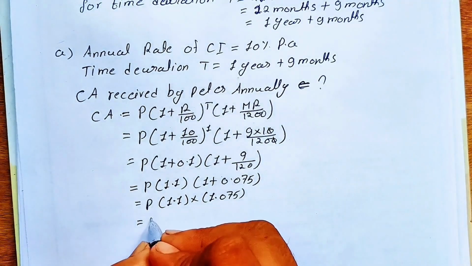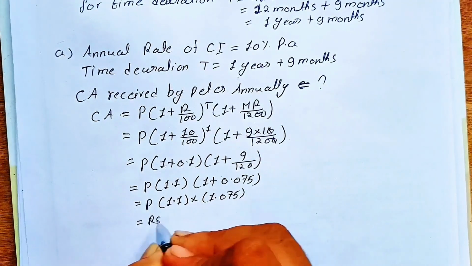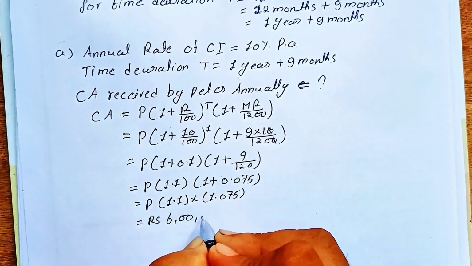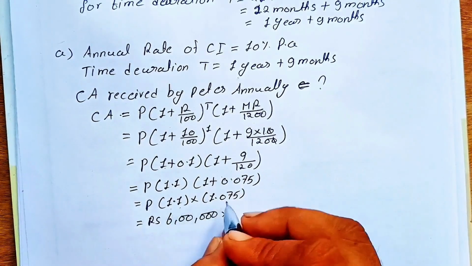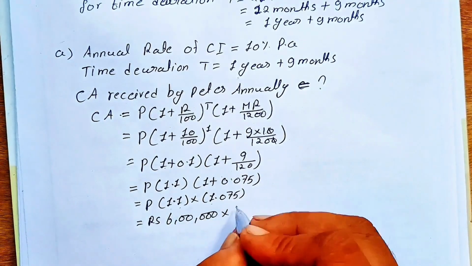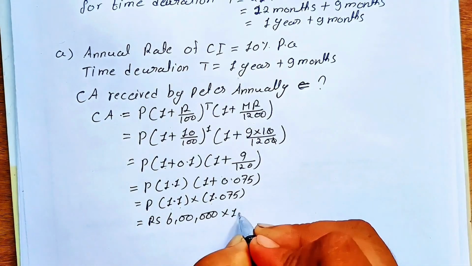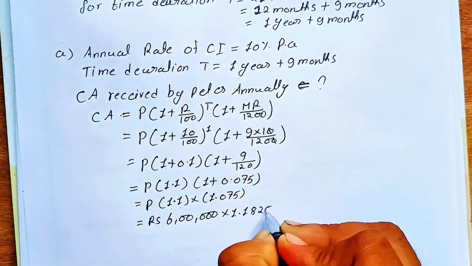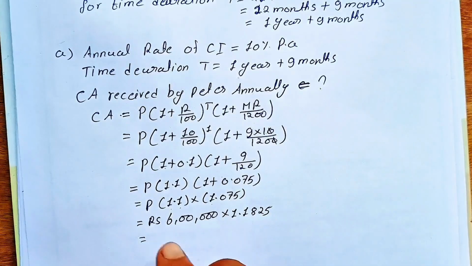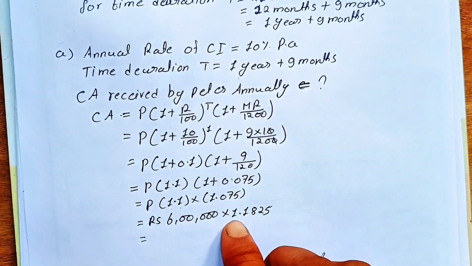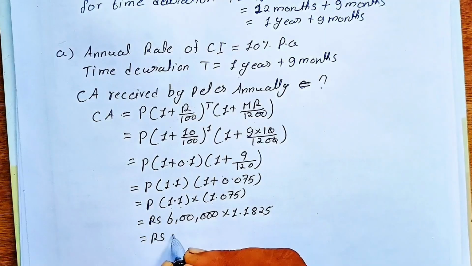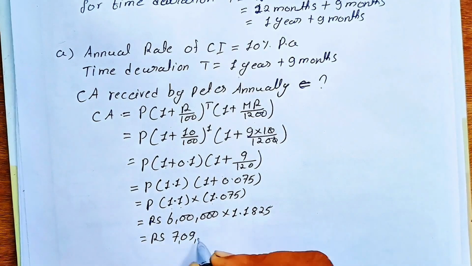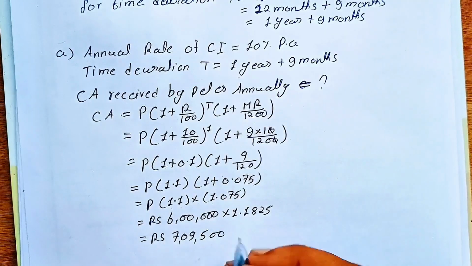The principal sum of money is Rs 6 lakh into the product of 1.1 and 1.075, which becomes 1.1825. And now the product of 6 lakh with 1.1825 becomes Rs 7 lakh 9,500.